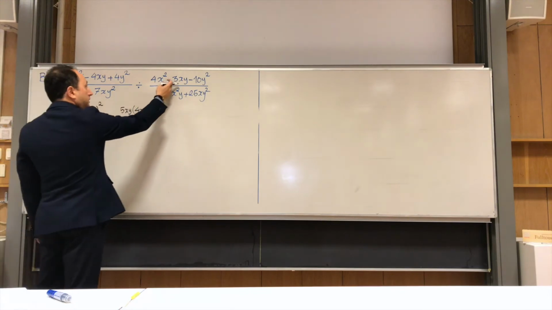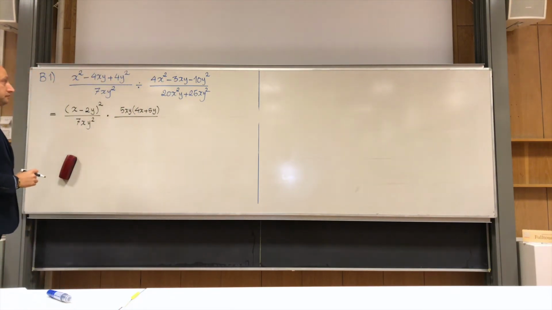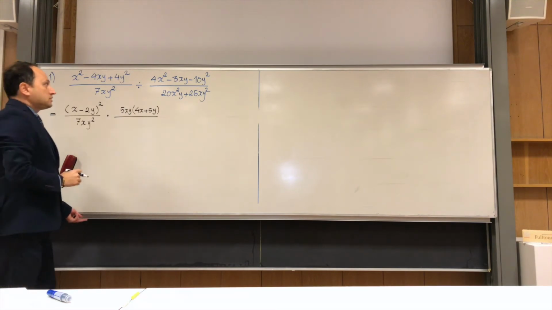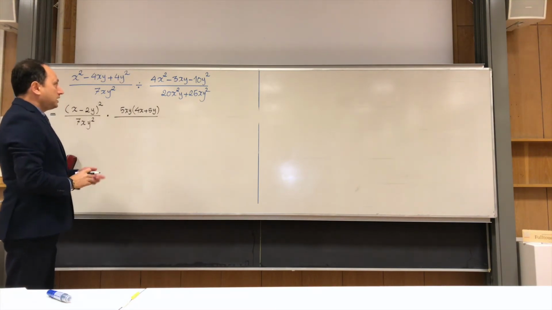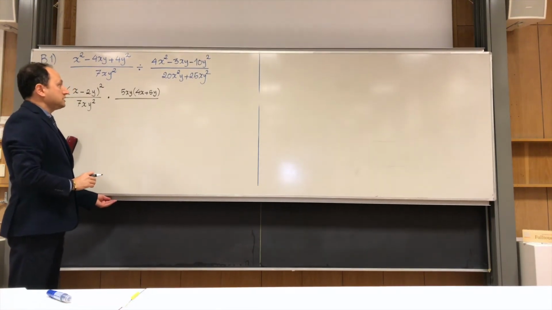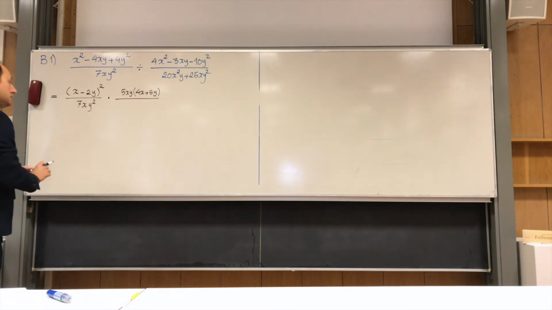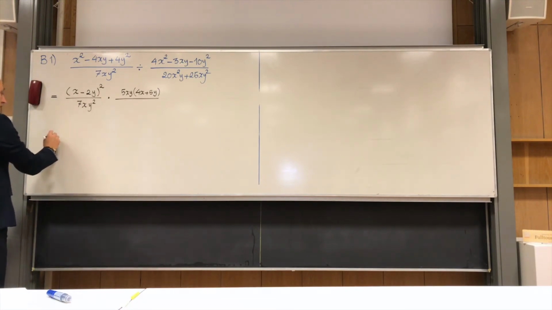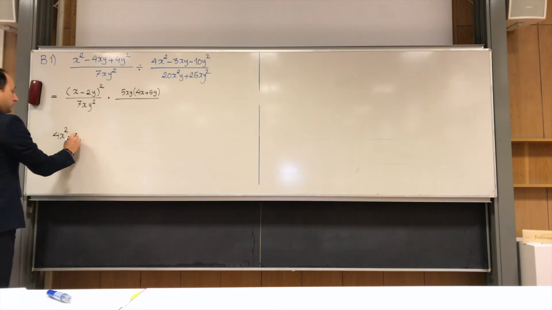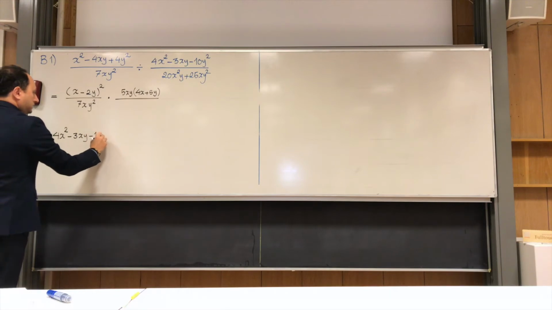And then I will bring this down, and I have to factorize this as well. So this factorization might need quite some time. So let me just simply do this and move it there. Okay. So my goal is now to factorize 4x squared minus 3xy minus 10y squared.